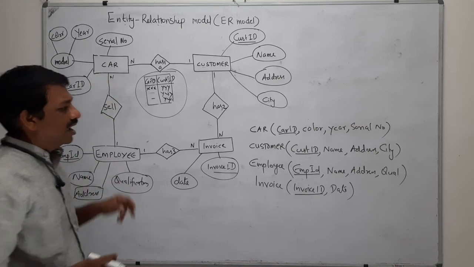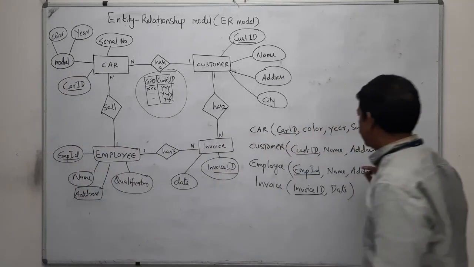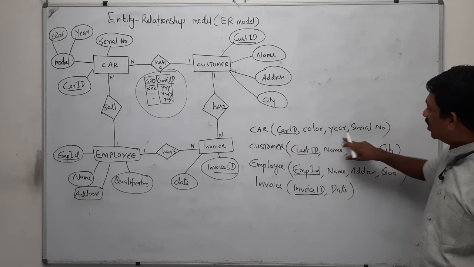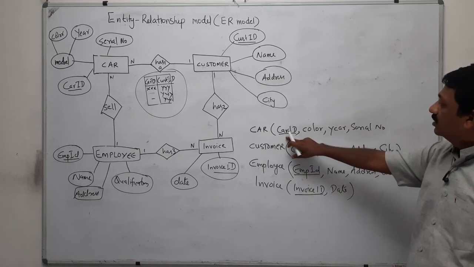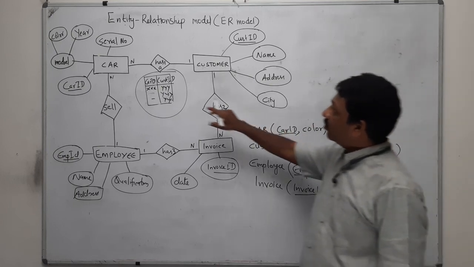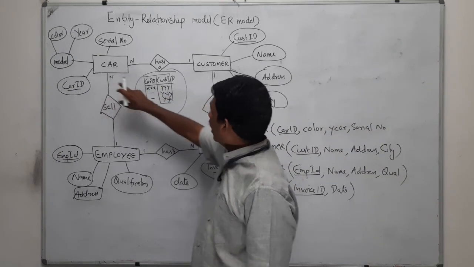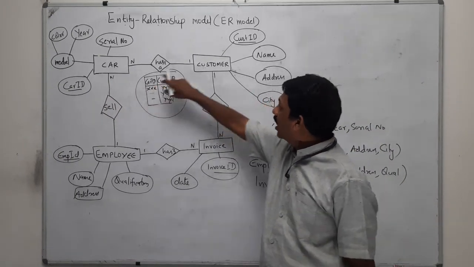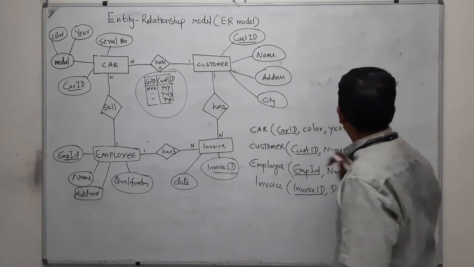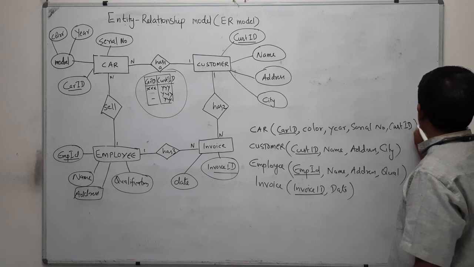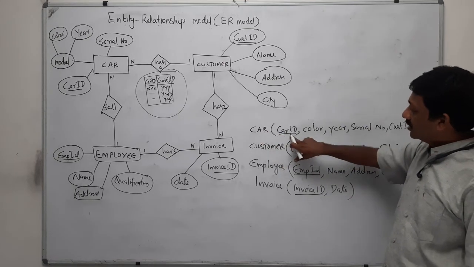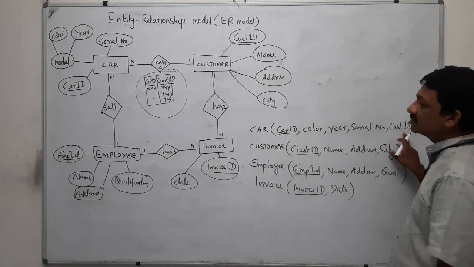That means here I am going to add one more attribute. These are the attributes owned by car, and here you are going to add customer ID also. That means this car having this car ID is owned by this customer.